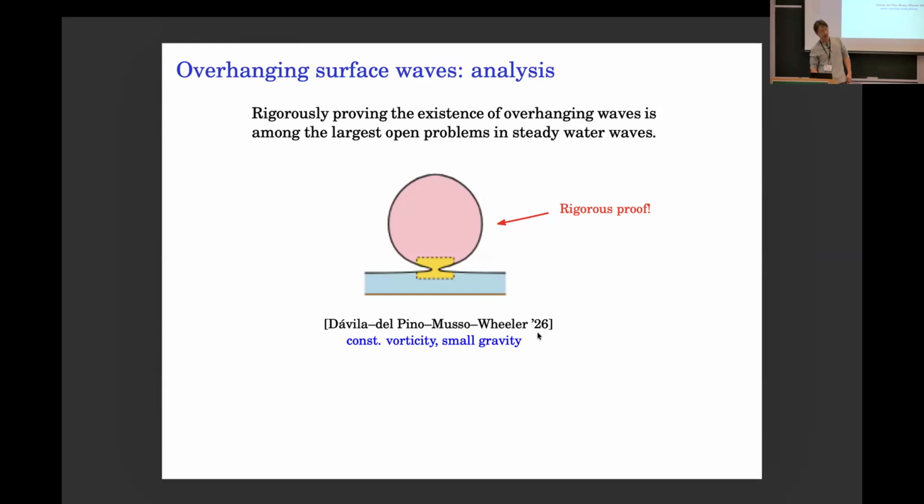Davila, Del Pino, Musso, and Wheeler, the Bath team, proved in a perturbative setting, which I will explain shortly, the existence of this extremely overhanging wave. Basically, the picture looks like this: you have almost a round disc bulb of fluid connected to this almost flat, shallow extent of water through a very thin neck here. So it's a gluing technique.